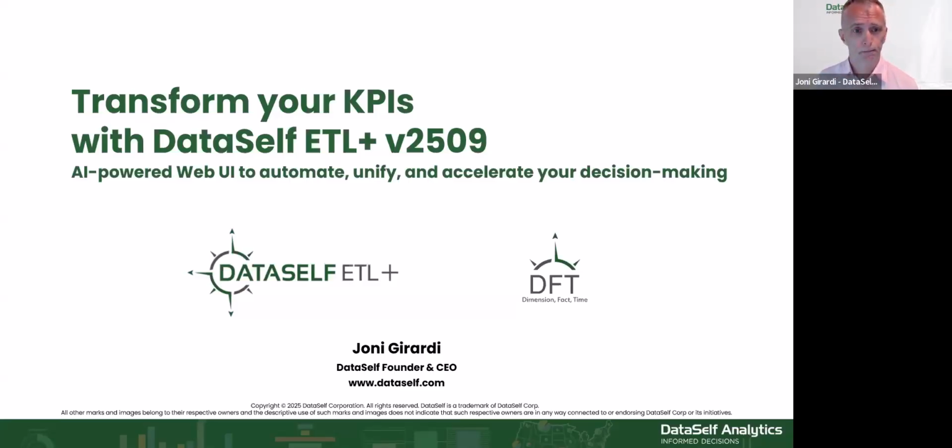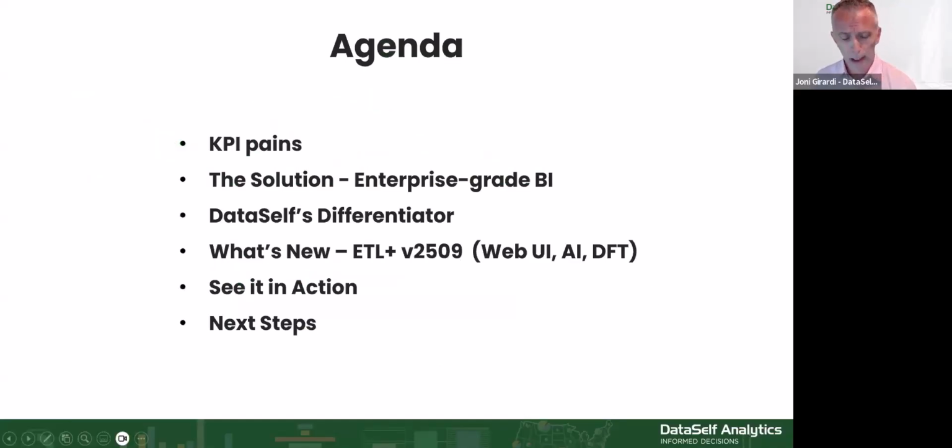So let's get started. Let me go to the next slide here. We'll talk about KPI pains, just to be sure what we're talking about here. The solution to address KPI pains, just talking generically, enterprise-grade BI, how that adds value. That's going to take about 12, 13 minutes of this presentation, and then we'll dive into the DataSelf differentiator.